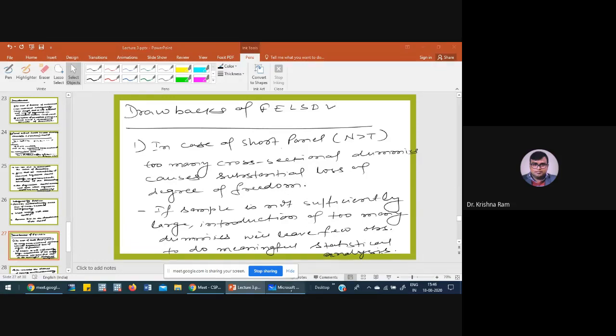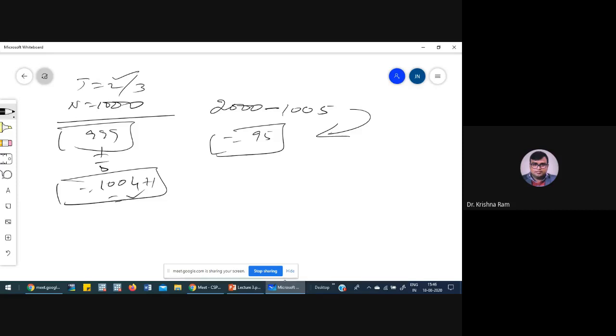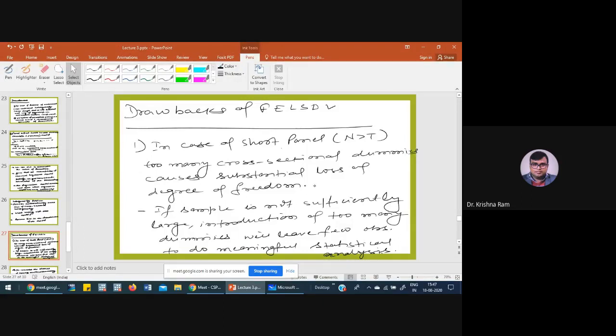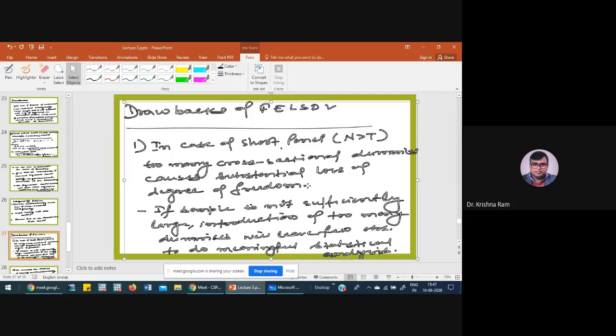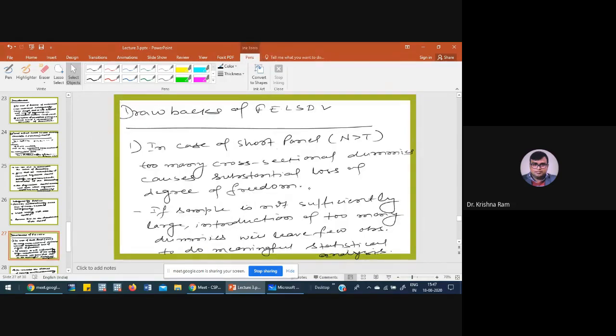But with a larger time period, of course, even after losing the degree of freedom, we will end up with a substantial degree of freedom. So that is not that serious a problem. But with a smaller time period, there is a chance of losing substantial degree of freedom.